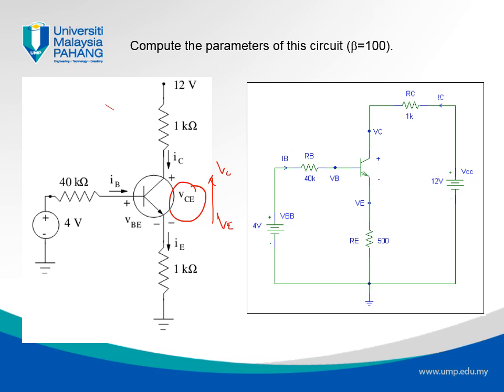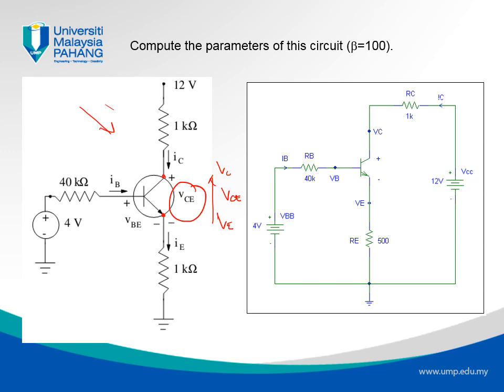So it's the voltage at this point minus the voltage at this point. That's what we call VCE. In order to measure VCE, we need to solve the other parameters before that, so we'll see in this exercise how we do that. Before that, if we have a question that looks like this, sometimes it might be confusing, right?